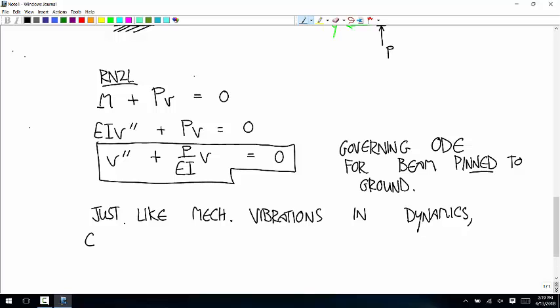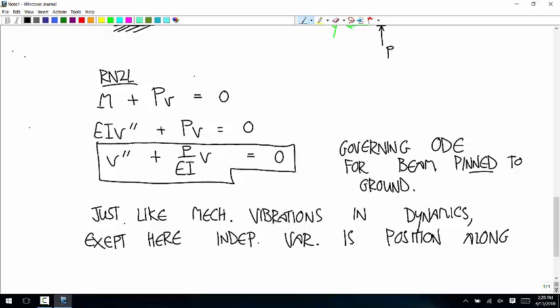Except that in this case, the independent variable is x. So it's the position along the beam's length. That's x, not time. But the form is the same, and so the general solution form needs to be the same.